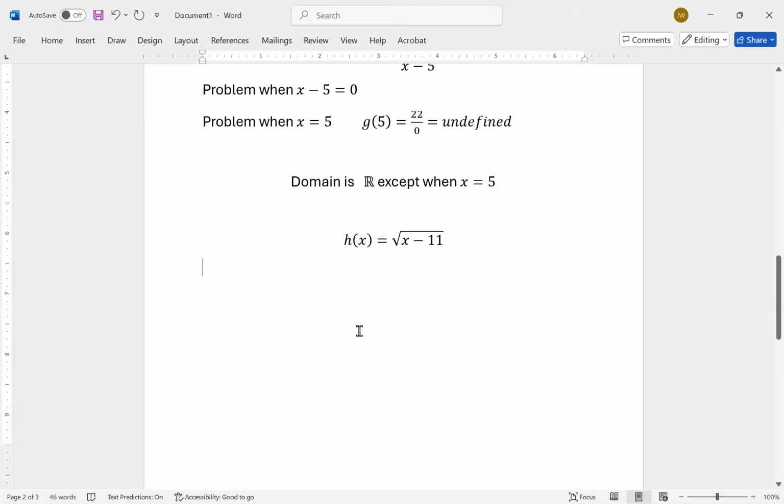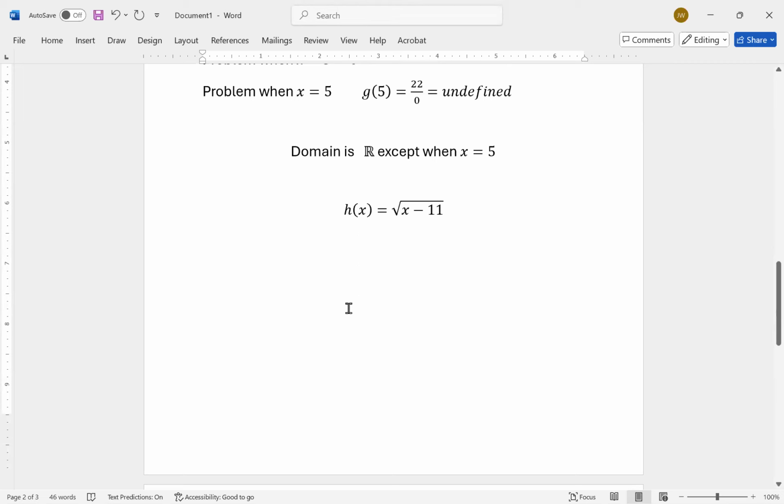Let's look at this next function. So this next function is the square root of x minus 11. The expression is the square root of x minus 11. Well, there's no denominators here, so dividing by 0 is not going to be a problem, but square root of a negative is going to be a problem.